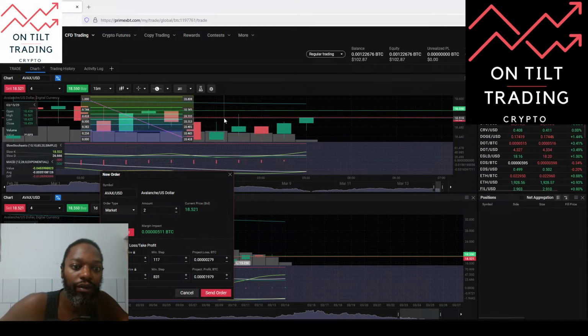Right now, this is a Fibonacci retracement. I'm using this to get a better entry here on pullback as close to this 200 EMA as I can.